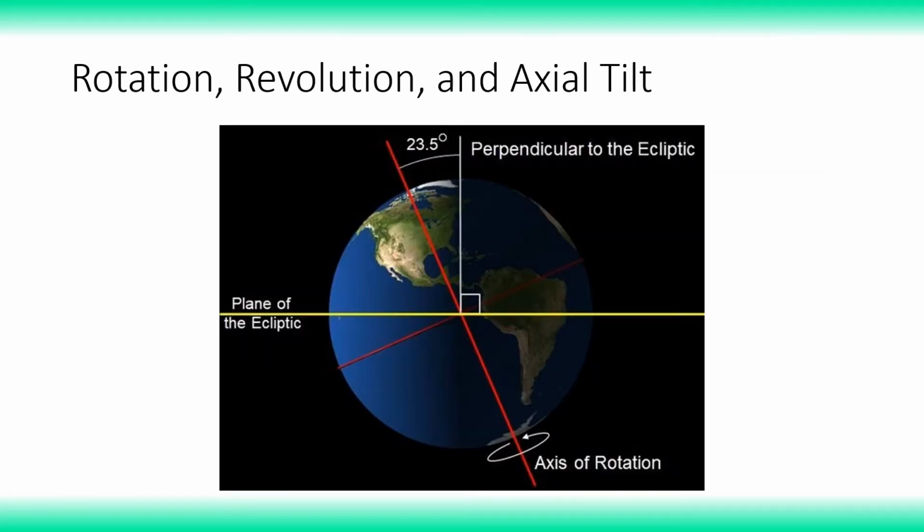So here you can see a clearer version of what I was trying to draw on the previous slide. This yellow line right across the middle here is the ecliptic, which we saw at the beginning of this lesson.